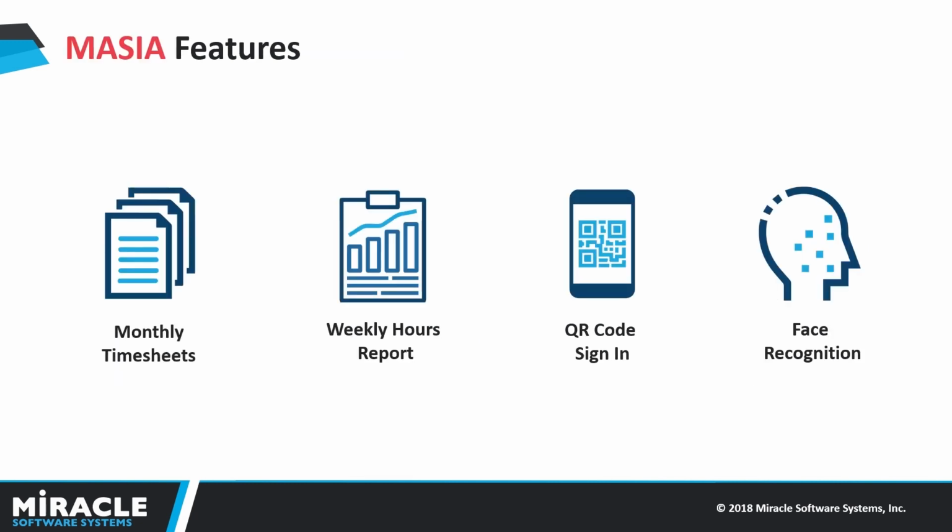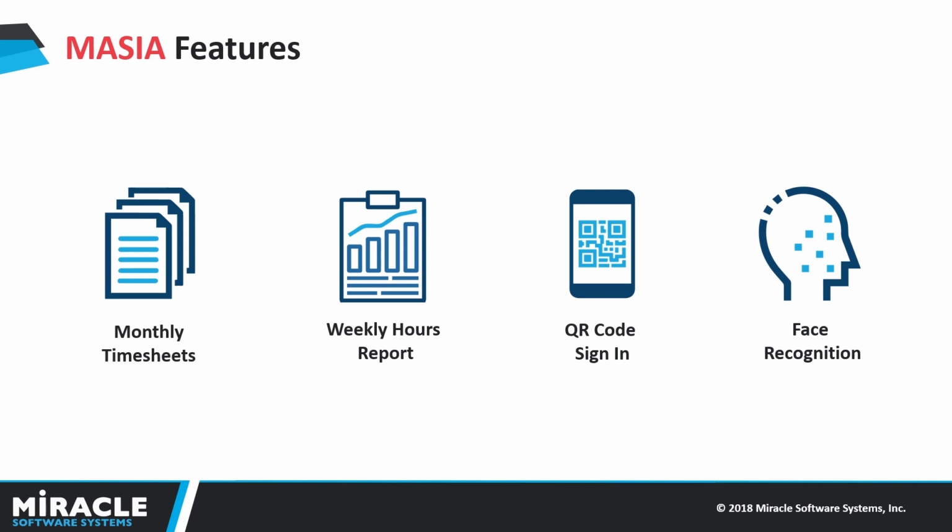There are some more features that MASIA has in addition to QR code sign-in and face login. MASIA generates the monthly timesheets for all employees as an Excel sheet and makes the life of the HR operations team so much easier. Every month, the operations team gets an email with this timesheet, which they can use for payroll and other purposes.